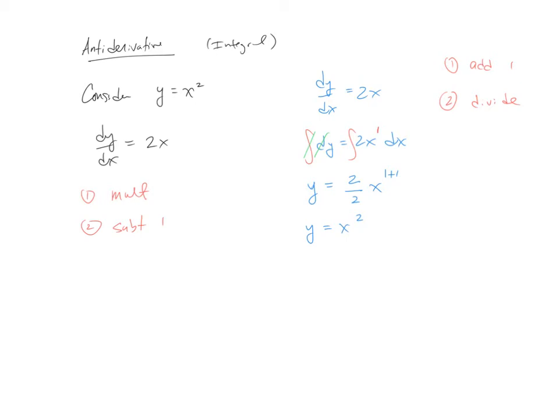Now, there's a little bit of a catch. The catch is, if my original problem was something like this where we're adding 7, then this wouldn't be any different because the derivative of a constant would go to 0. So for us to truly get the antiderivative, we have to be a little bit careful.